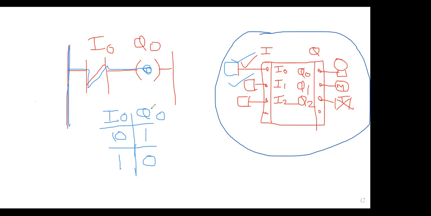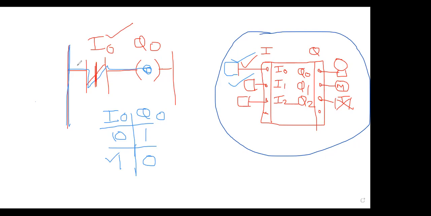Now, you press I0 switch. As you press I0, what will happen? As NO is on, it will conduct. But as NC is on, it will break. Correct? NC on, it breaks. So as I0 is on, NC will break the path.